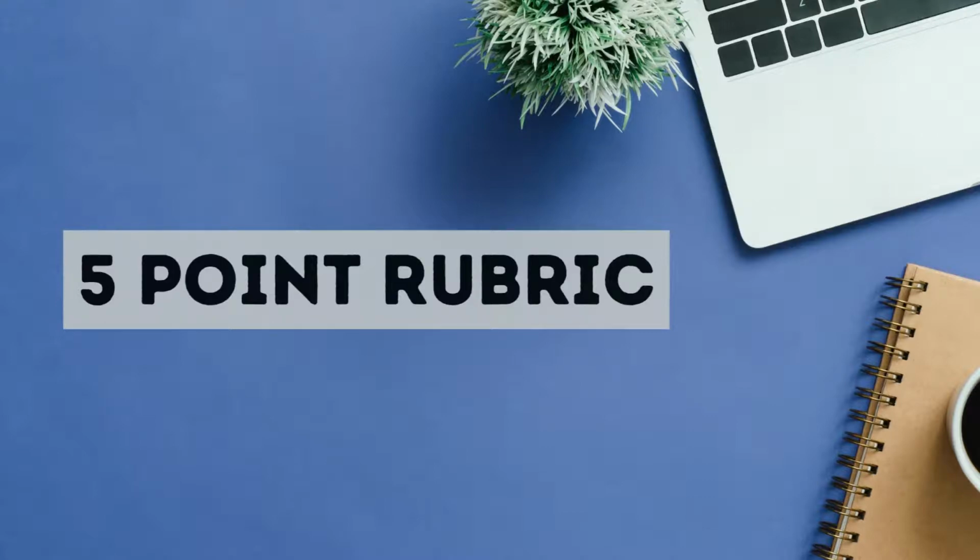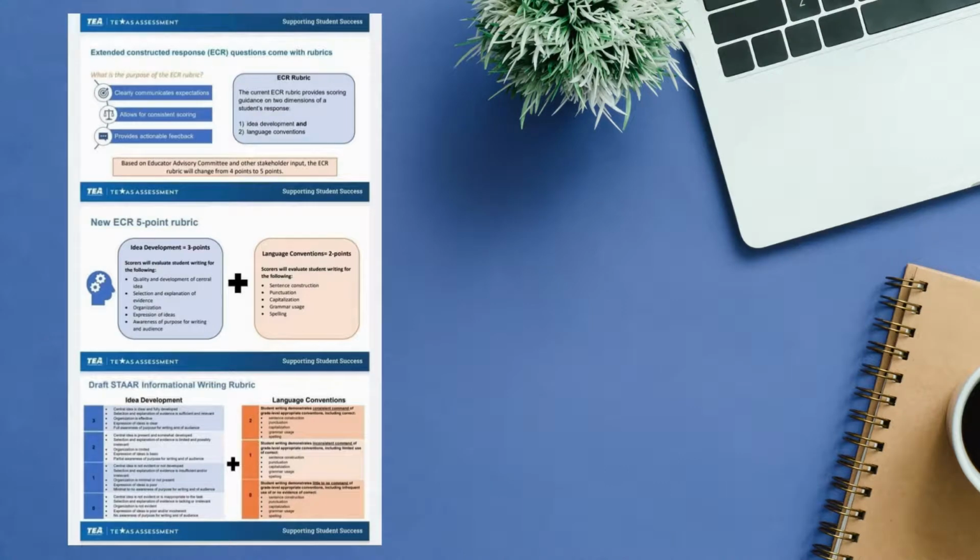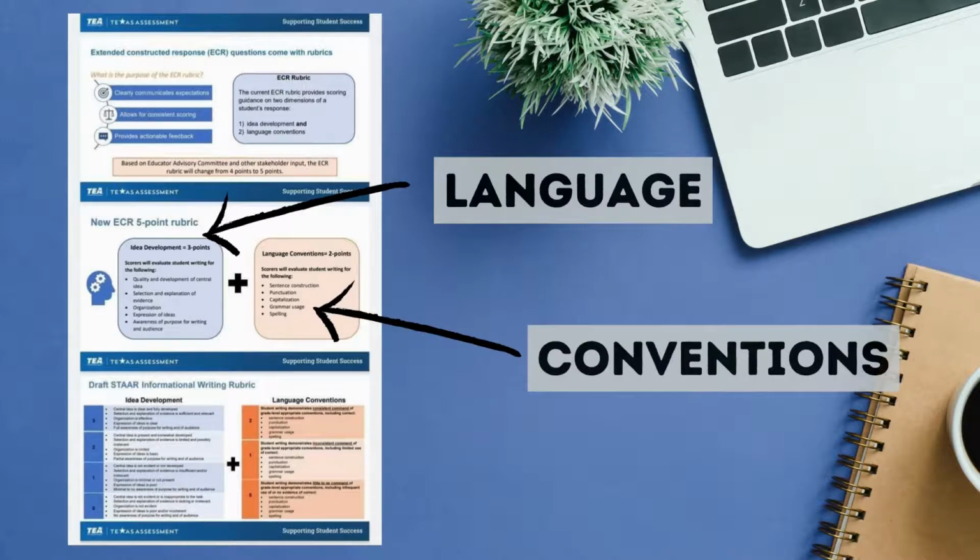So the extended constructed response question will now be graded on a 5-point rubric. Graders will be looking at two things: the students' ideas and then their actual writing process and conventions. Students can receive up to 3 points for their idea development.